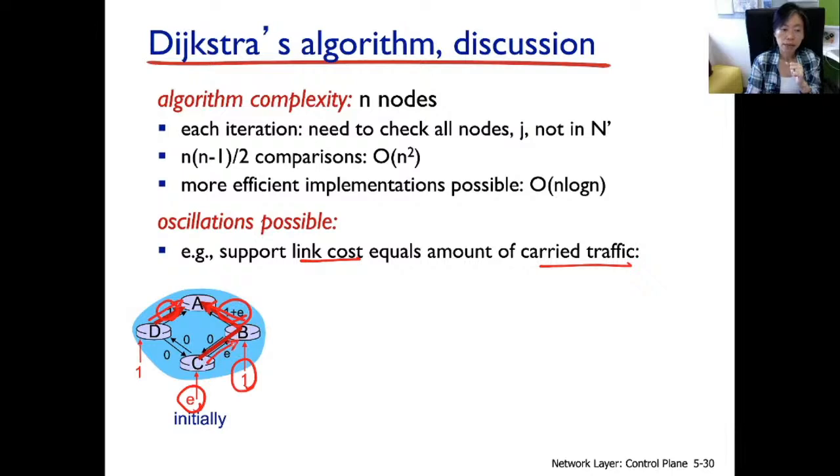The cost for link CB is the amount of e traffic from C only. You see also here, in this direction BC, there's no traffic, therefore link cost is 0. Similarly for AB, similarly for AD, and similarly for both directions in link CD. So we finish updating the link cost.